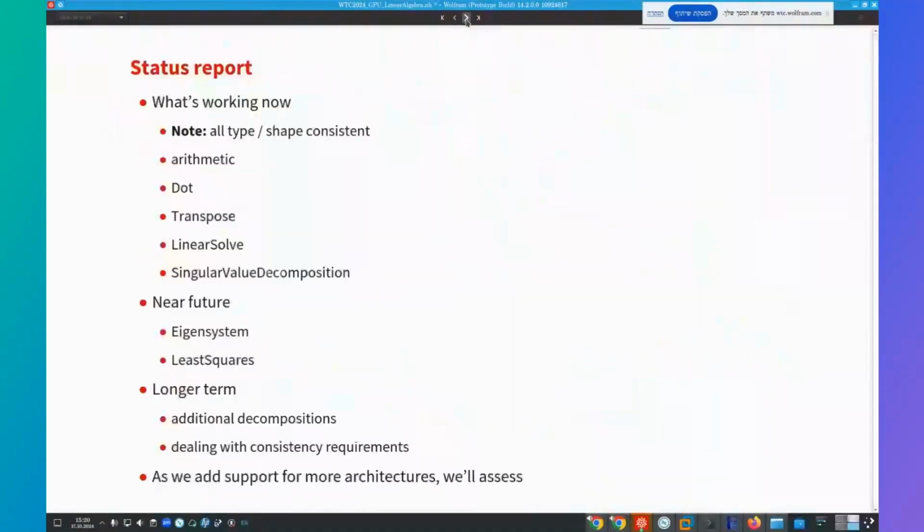So what's currently working? Arithmetic, dot, transpose, linear solve, singular value decomposition. Linear solve has some issues that I need to fix, but as you can see, it's working. The next couple of things I would like to tackle are eigensystem and least squares.